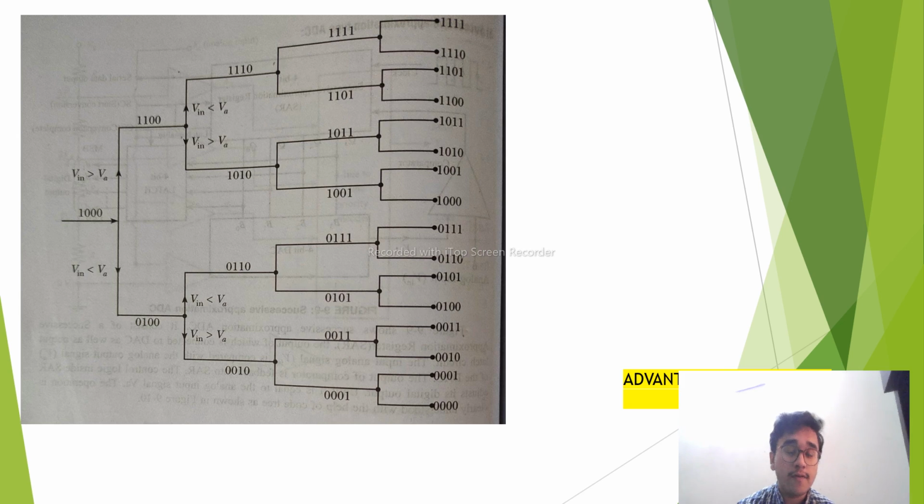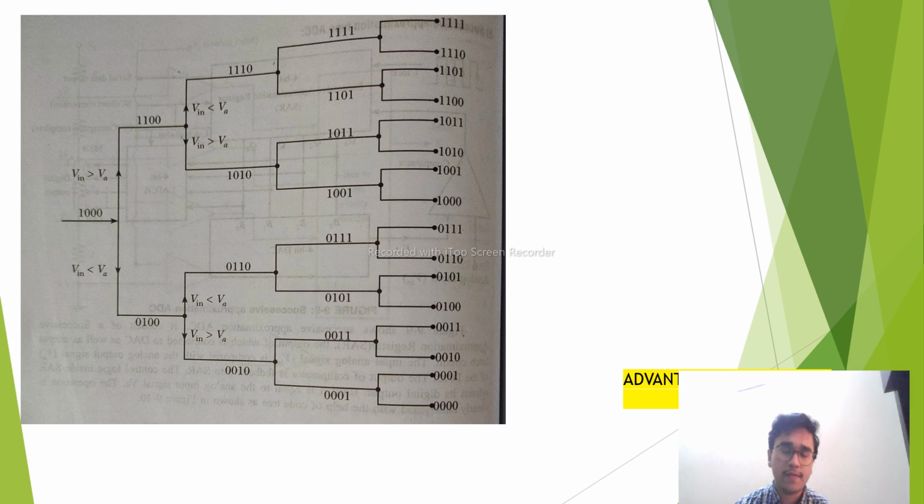If the input voltage to the comparator is greater than the output voltage of the DAC, then you can observe here that the most significant bit remains as it is, and the next bit is changed to 1. This condition is only possible when Vin is greater than VA, that is, the output voltage from the DAC.